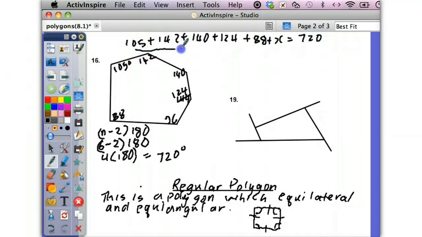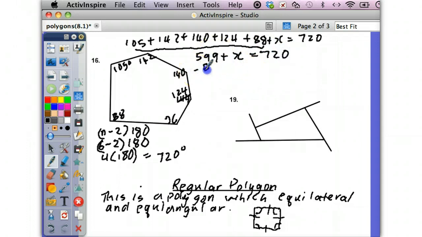Can I have someone give me that total? 599. Confirmation, please. 599, okay. 599 plus that missing sheep X equals 720.